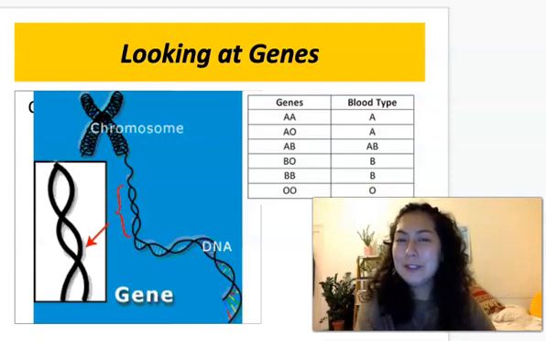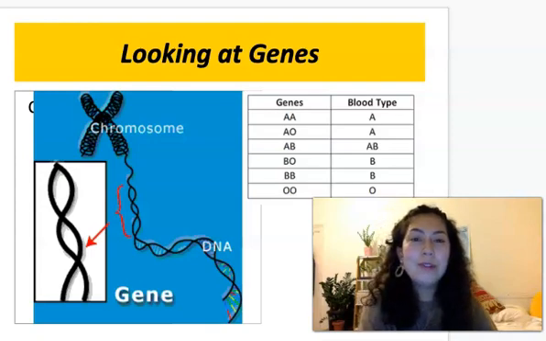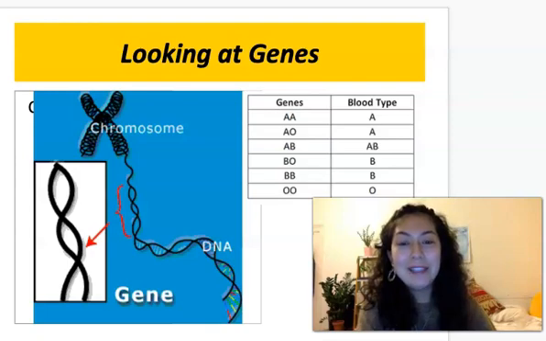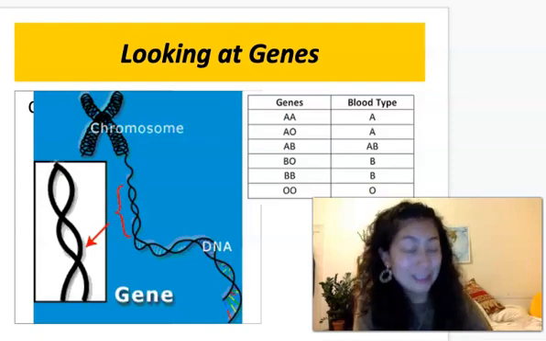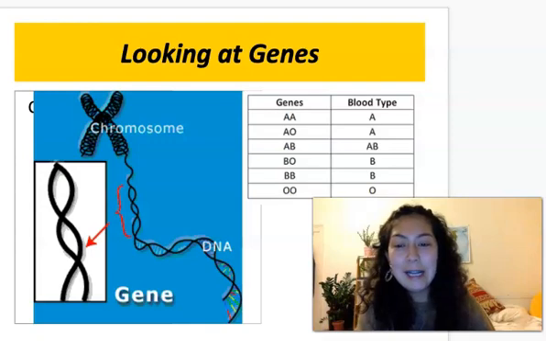Where else would genes be found in a cell? Well, if you remember from before, mitochondria and chloroplasts, historically, like billions of years ago, were their own organism. They had their own DNA. So you can find some DNA in mitochondria and chloroplasts, which is pretty interesting.